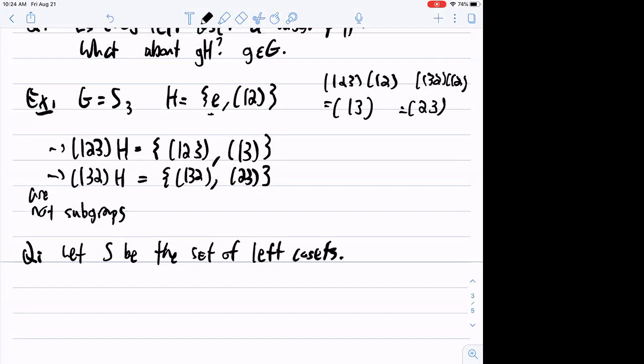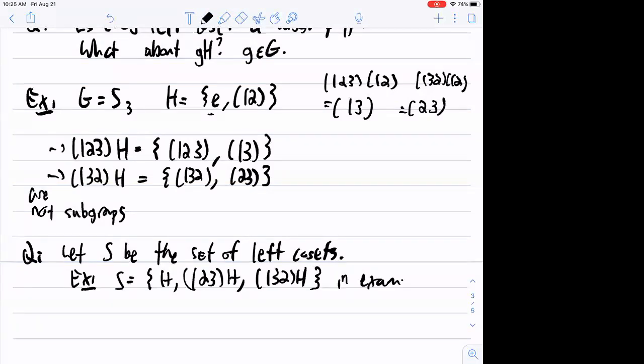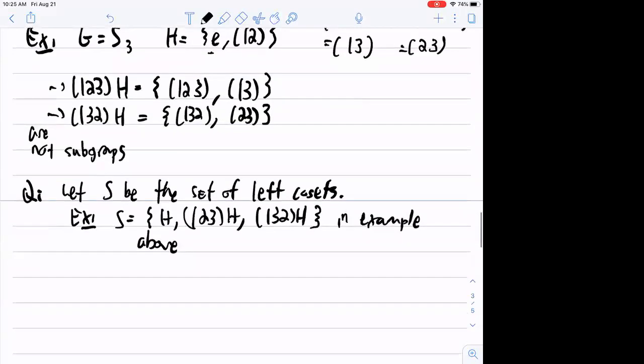For example, in the example above, S is H, (1 2 3)H, and (1 3 2)H.